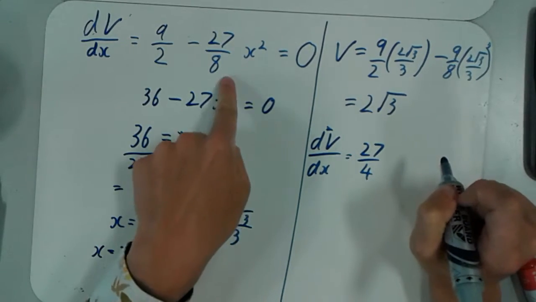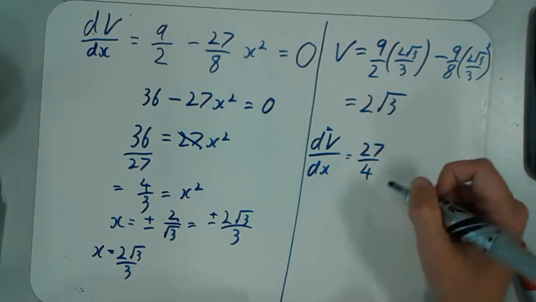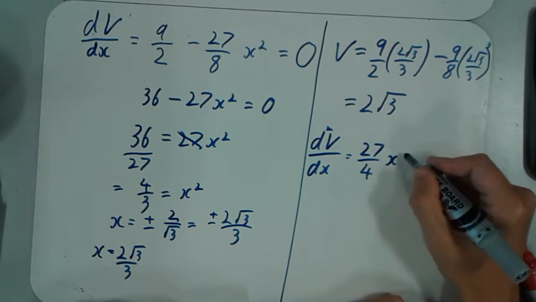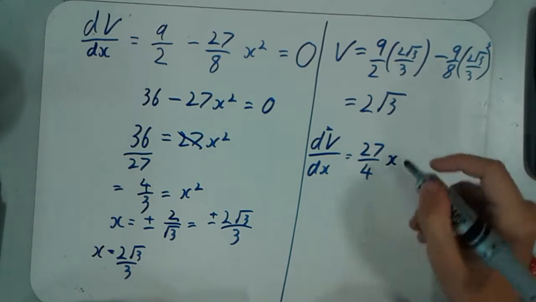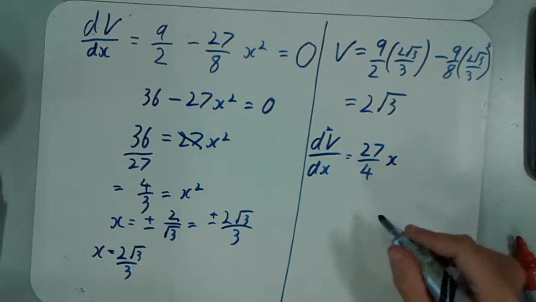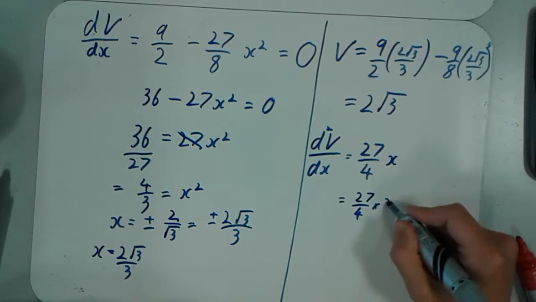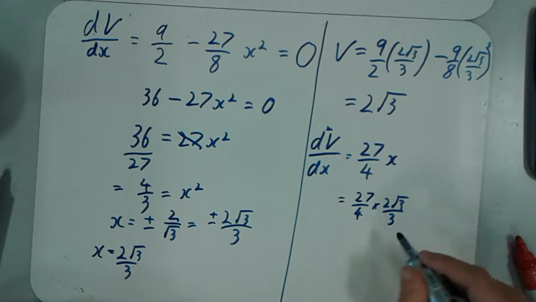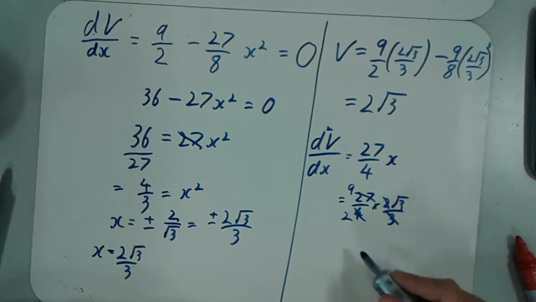Again, try to cancel fractions when you can, rather than doing 54 divided by 8. Just less calculation, less prone to error. We know that x is 2 root 3 over 3. Cancelling a factor, cancelling another factor.